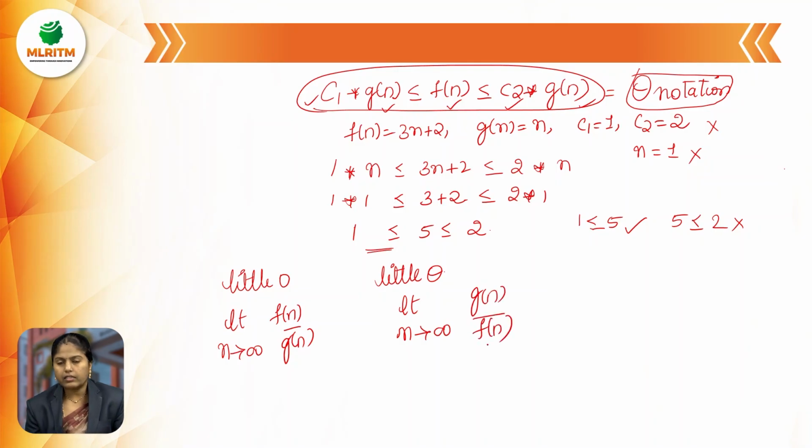Okay, these are the conditions for the little o and the little omega. Actually these are the 5 conditions for the big O, big omega, big theta, little o and little omega. For this, we have to substitute the equations. For each and every equation we have to solve until the condition is going to be satisfied. Okay, these are the asymptotic notations.